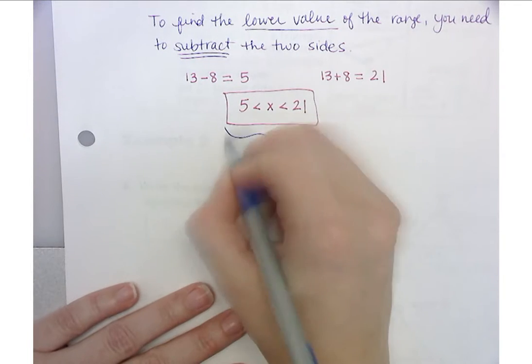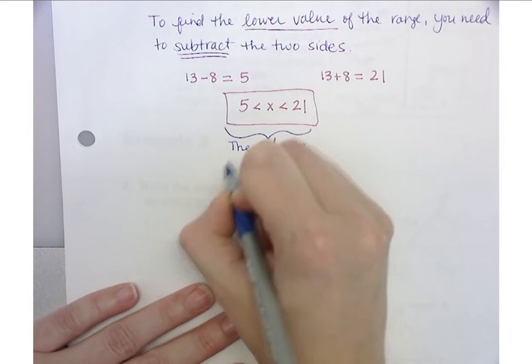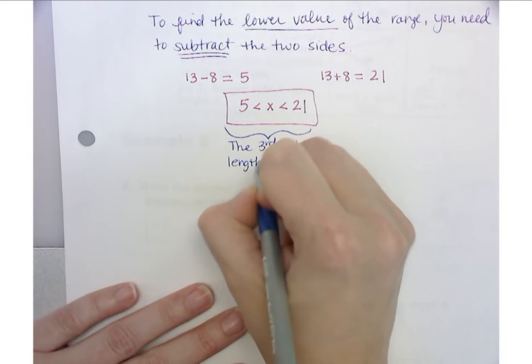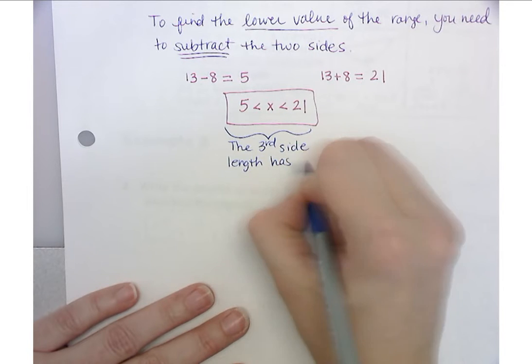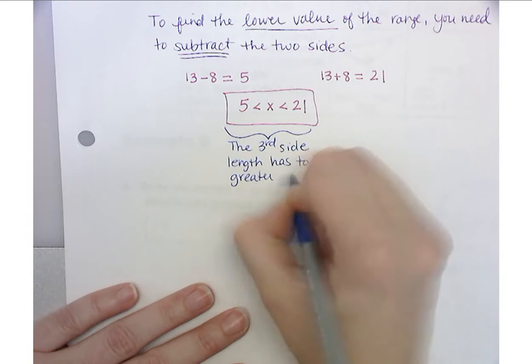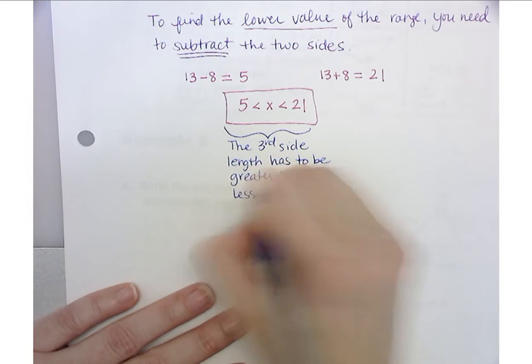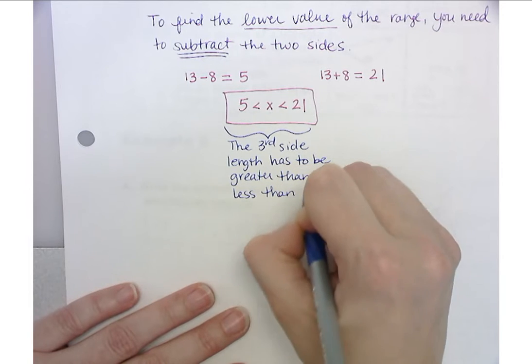So what this means is the third side length has to be greater than 5 and less than 21.